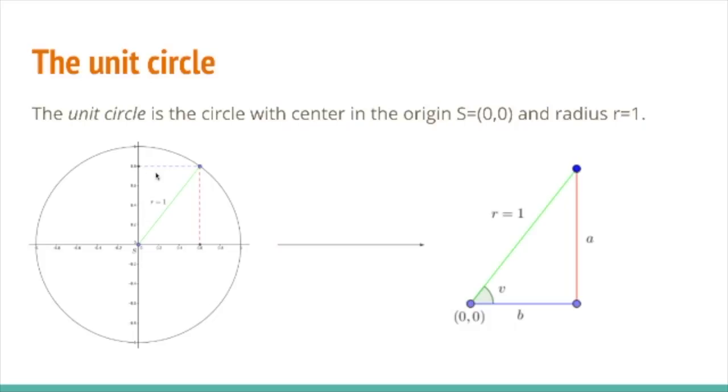So taking out the triangle in this unit circle, we get a triangle with angle V. It's a right-angled triangle. The hypotenuse is 1. And the opposite side we have denoted A, in red color, and the adjacent side we have denoted B, in blue color.